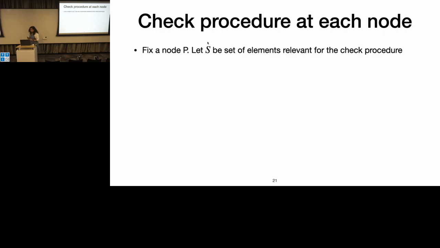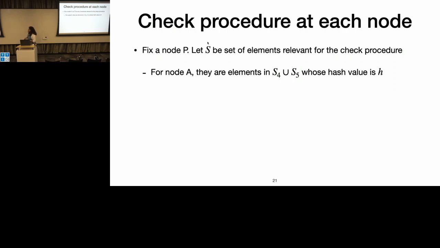Okay, so what is the check procedure at every node? Pick some node P, and let's say S is the set of elements relevant for the check procedure. When I say set of elements relevant for this check procedure, what I mean is it must be the set of all possible elements that were sampled, and these elements should also have hash value H, because you care about only those elements.